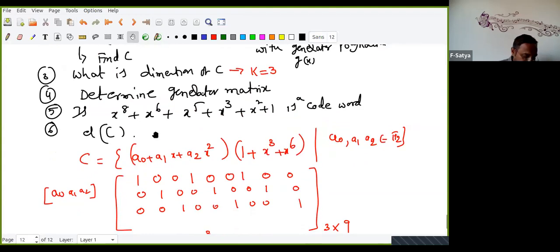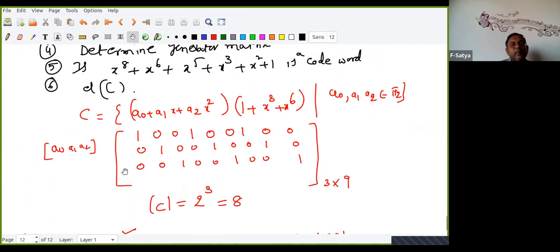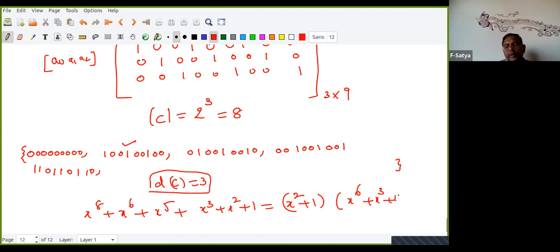Now coming to this particular polynomial, you can check that actually it is a code word. The reason is that x power 8 plus x power 6 plus x power 5 plus x cube plus x square plus 1 is equal to, later you can check, x square plus 1 into x power 6 plus x cube plus 1 only.